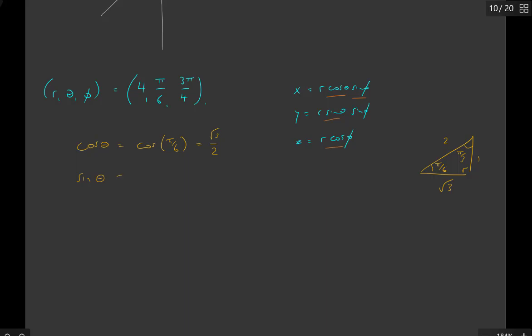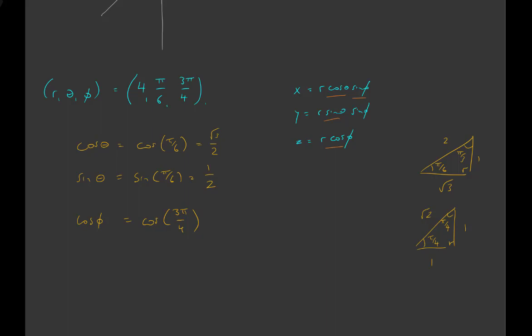Sine of theta here is sine of pi over 6, and that's 1/2. For phi, I've got cosine of phi is cosine of 3 pi over 4. That's got base angle pi over 4. So this is my other special triangle where I've got 1, 1, and root 2. So this is going to be plus or minus 1 over root 2.